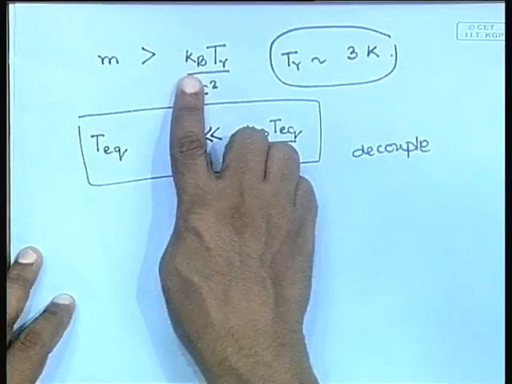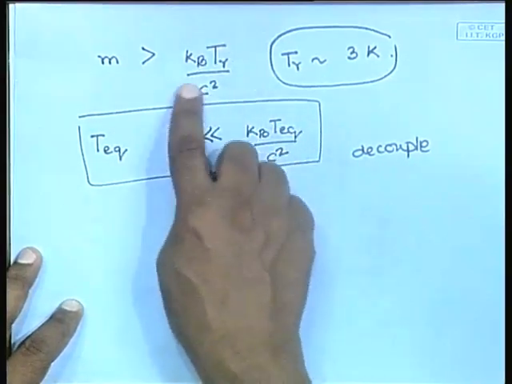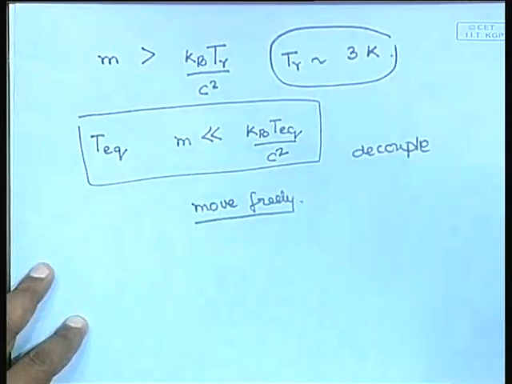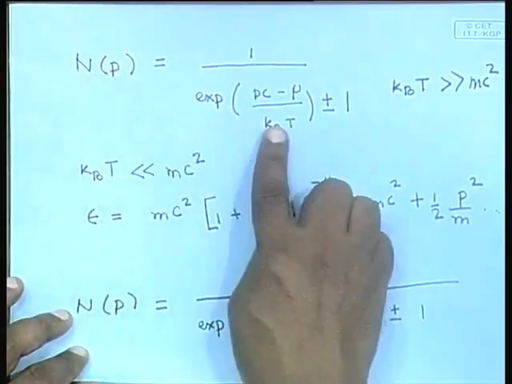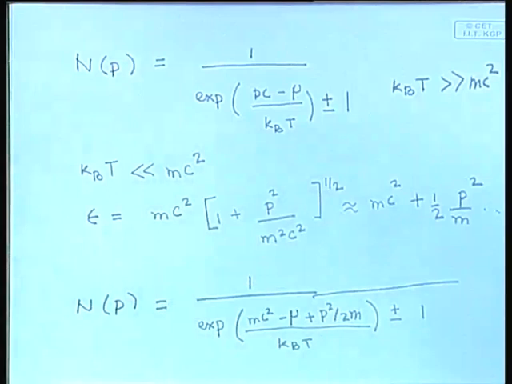So, even at present, even though the mass of the neutrino is much more than the temperature of the universe at present, I would still have to use this formula to calculate the occupation number of these neutrinos.